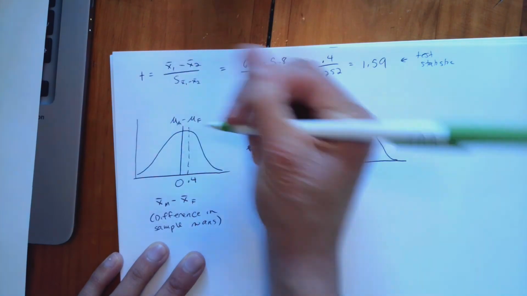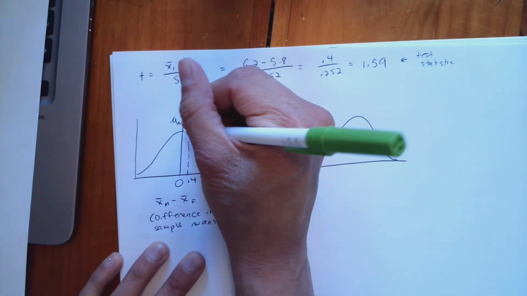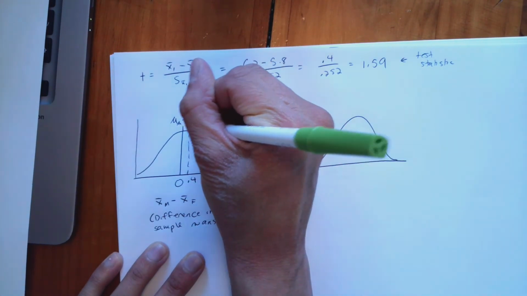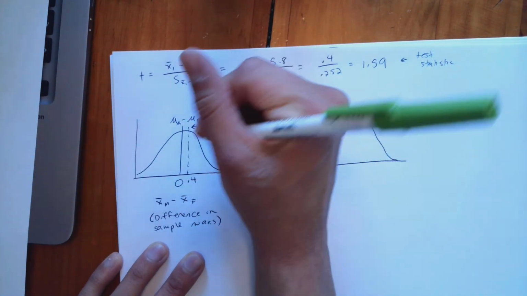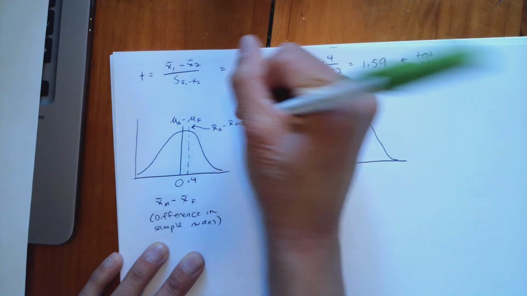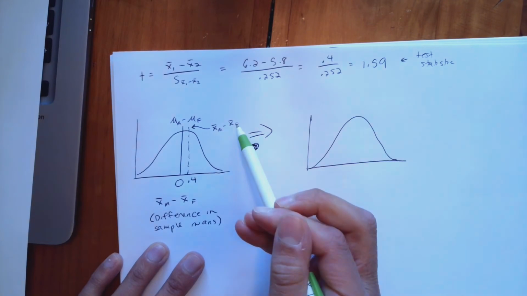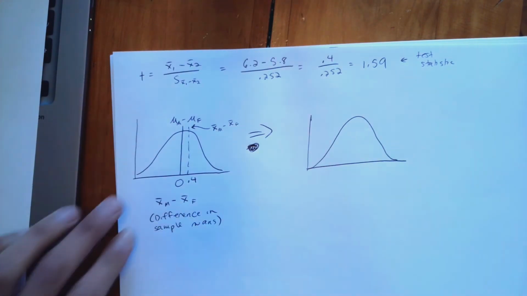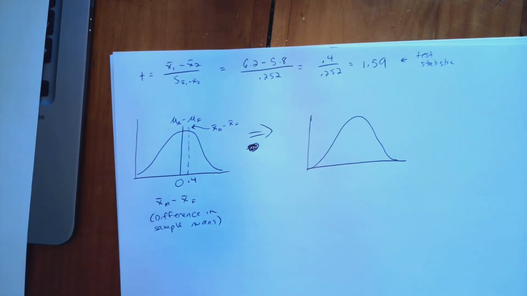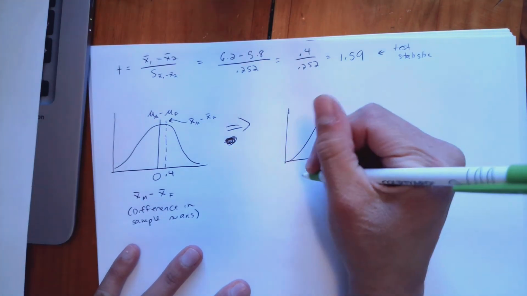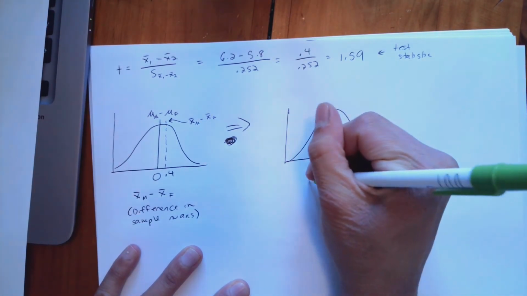So this line here would refer to our actual difference in sample means. When we found our sample means, we subtracted them, we got a value of 0.4, and we plotted it on our sampling distribution for the difference in sample means. Now we're going to standardize everything and just turn it into a regular old t-distribution with t-statistics on the x-axis.